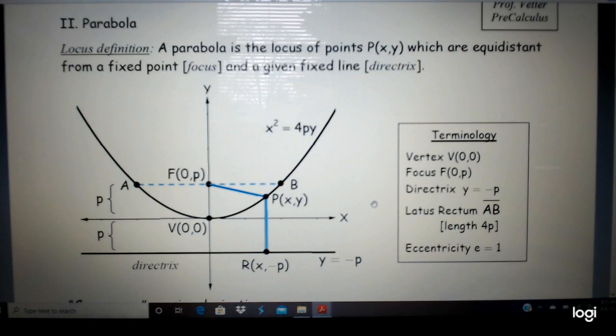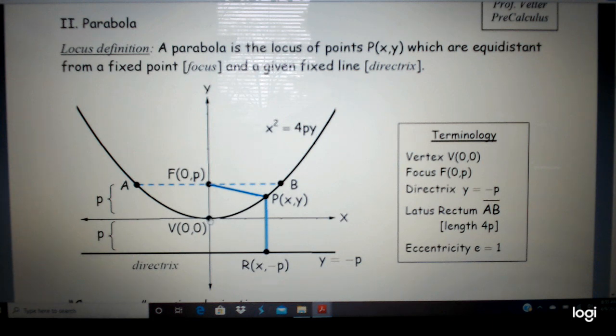The locus definition is: it's the location, or the locus, of points (x, y) which are equidistant from a fixed point, called the focus, and a given fixed line, called the directrix. Okay, so you got a point here, which is the vertex.